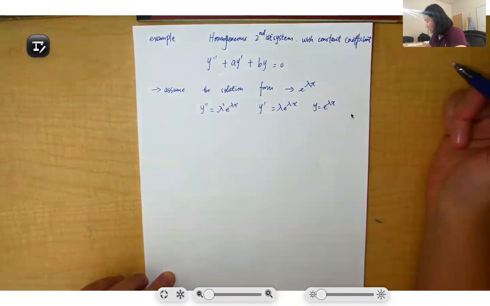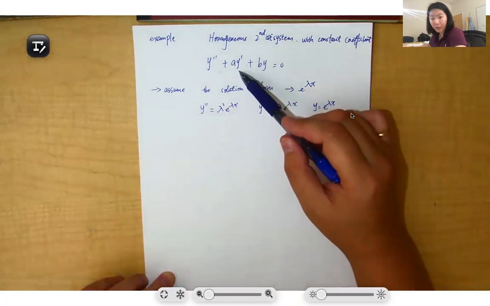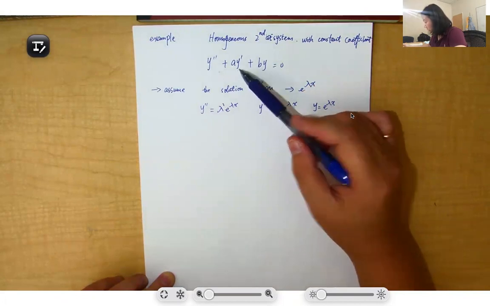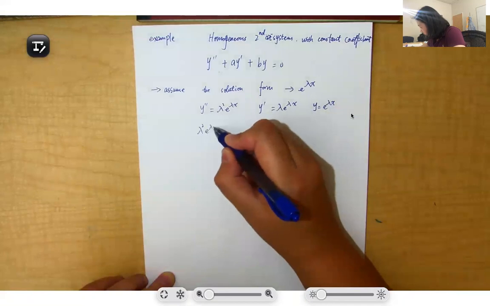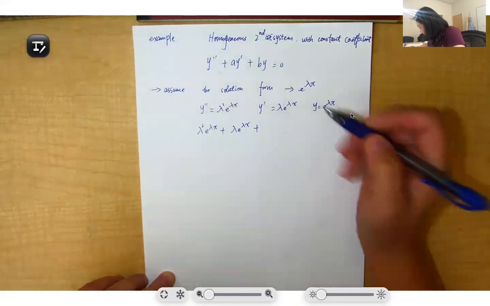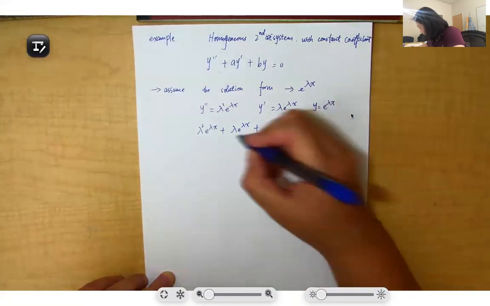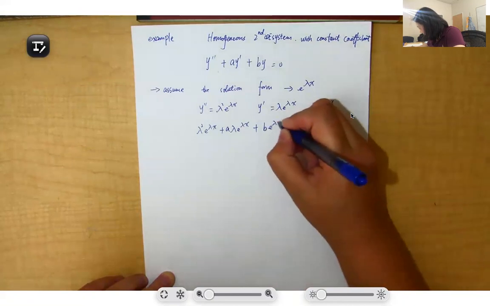Okay, you can input each term to replace the higher order derivatives here. So we get lambda squared e to the lambda x plus a lambda e to the lambda x plus b e to the lambda x equals 0.